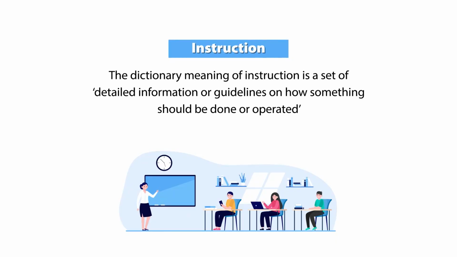Each one of us, especially as teachers, we keep giving instruction in our classroom to our students. At home, we give instruction to our children, what to do and what not to do. So, the dictionary meaning of instruction is a detailed information or guidelines on how something should be done or how something should be operated upon.